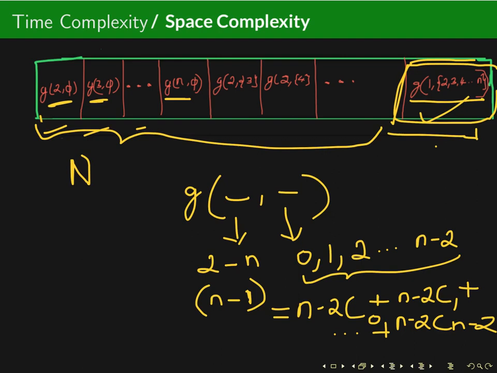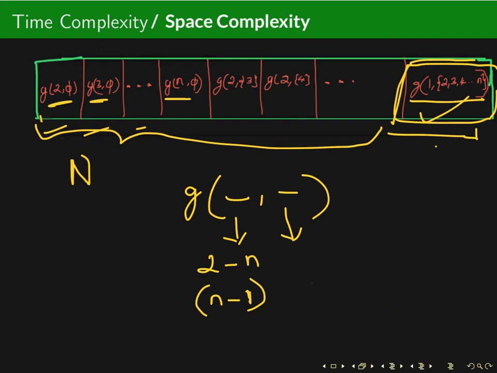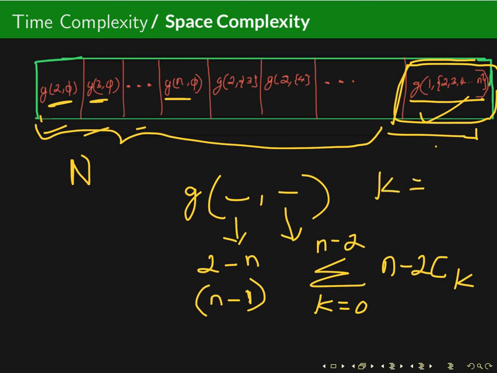So this can also be written in a summation form as sigma of k going from 0 to n minus 2 of n minus 2 choose k, and k here refers to the number of elements in the subset. k is going to be the modulus of S.